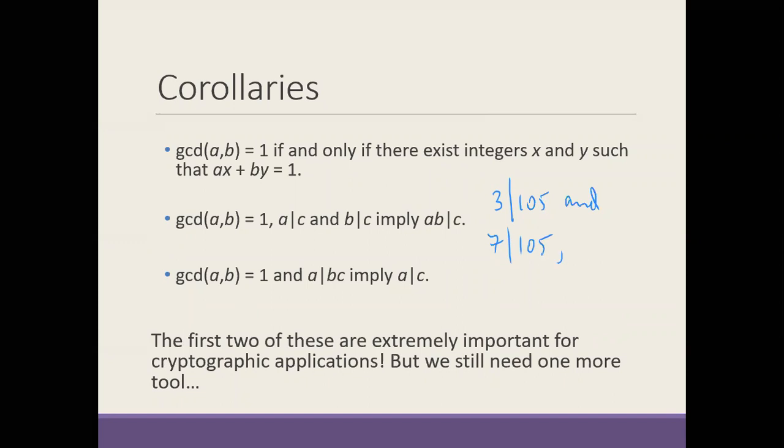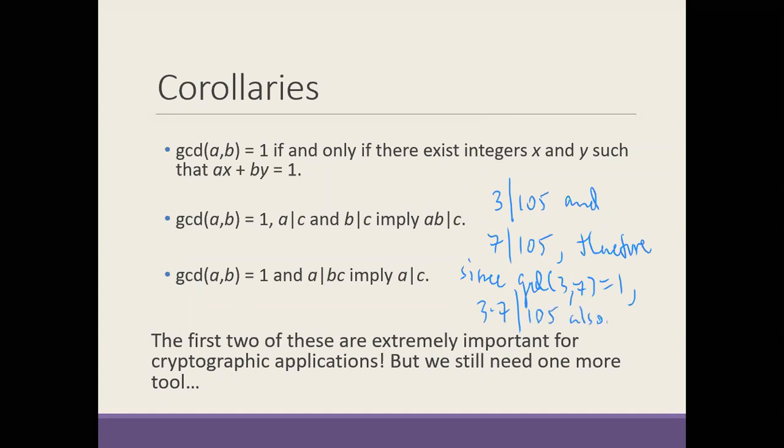Therefore, since the GCD of 3 and 7 is 1, the 3 dividing 105 has nothing to do with the 7 dividing the 105. Therefore, you can combine the two of them, and the product of both is going to divide 105 also. Since the GCD of 3 and 7 is 1, 3 times 7 divides 105 also.